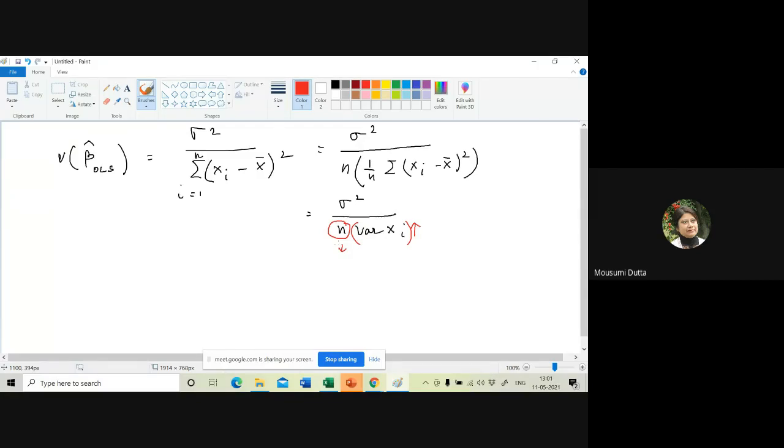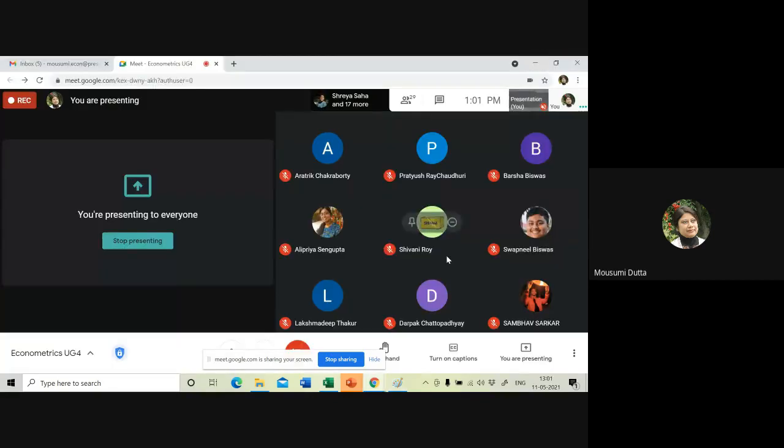Third point. Beta hat OLS is derived on the basis of an objectively drawn sample where all samples are equally likely.